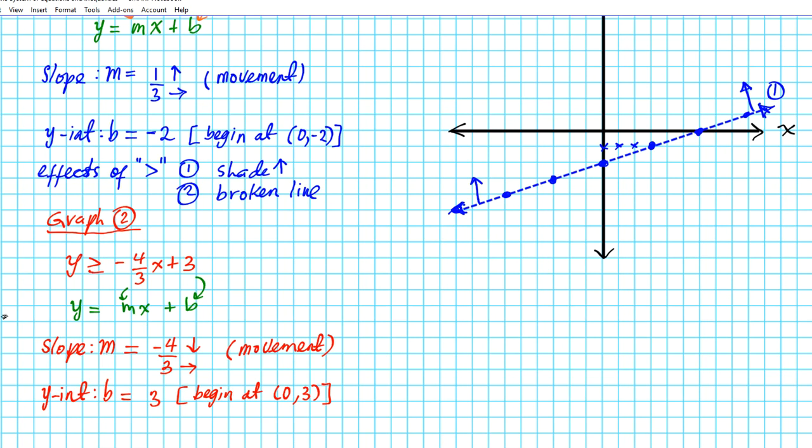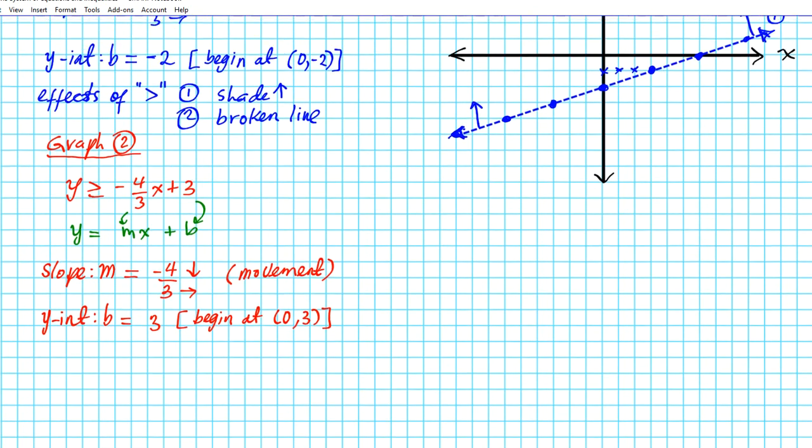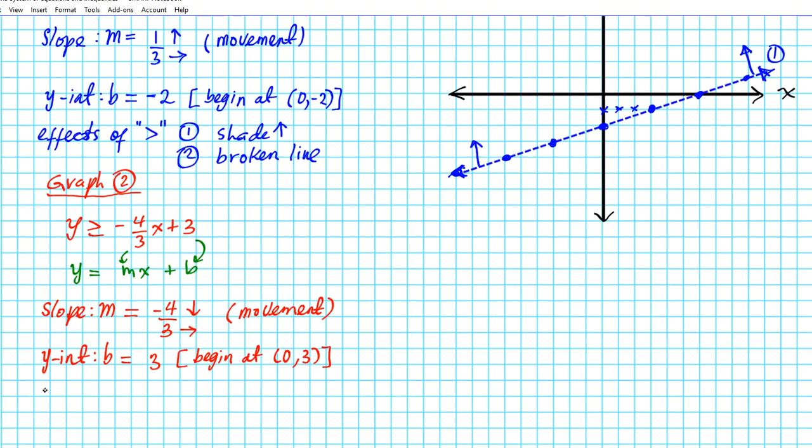We have greater than or equal to. What does that tell us about the effects it will have on the graph? Effects are as follows. There are going to be 2 of them. The effects of greater than or equal to. First of all, it tells us that we're going to shade above the line. And secondly, since there's a line on the bottom of the inequality, this means it's a combination of greater than or equal.